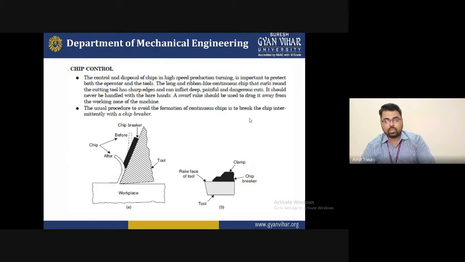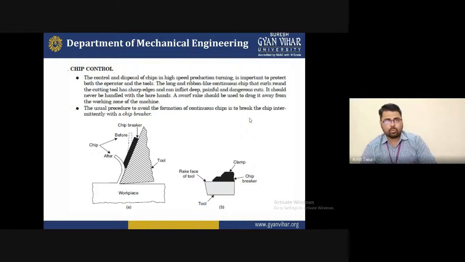The procedure used to avoid the formation of continuous chips is to break the chip, mechanically, with a chip breaker. In this section, we are controlling the formation of the continuous chip, because generally machining operations require continuous chip formation.